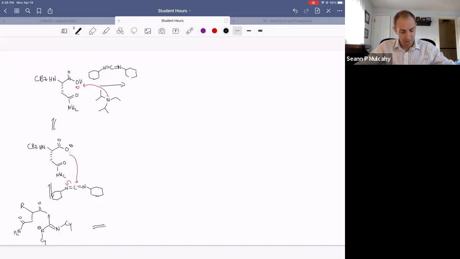I'm then going to grab a proton from somewhere. I'm going to grab that proton from this diisopropylethylamine, which grabbed it in the first place. So I'm going to protonate that species, and that's going to generate my neutral carbodiimide structure. So CY, NHCY.